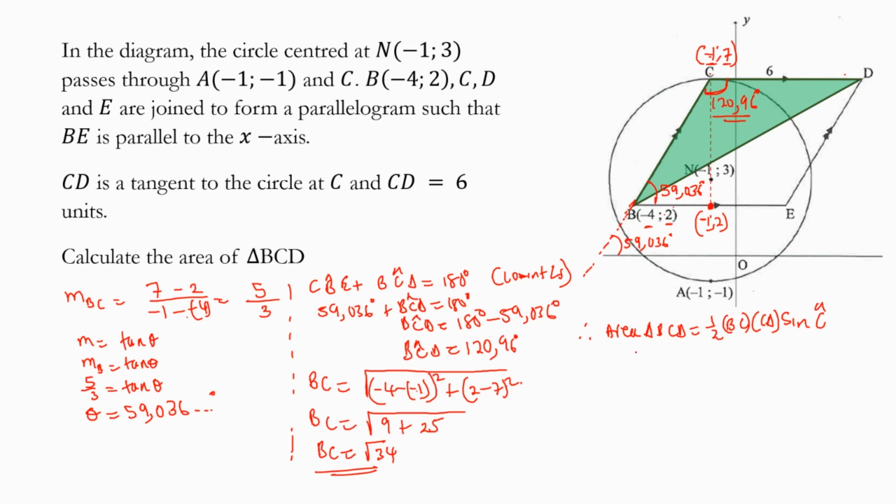So it's going to be half times square root of 34 times 6 times sine 120.96 degrees. Put this in the calculator, which will be 15.00 something, which is roughly 15 units squared. That's another way of finding the area of triangle BCD.